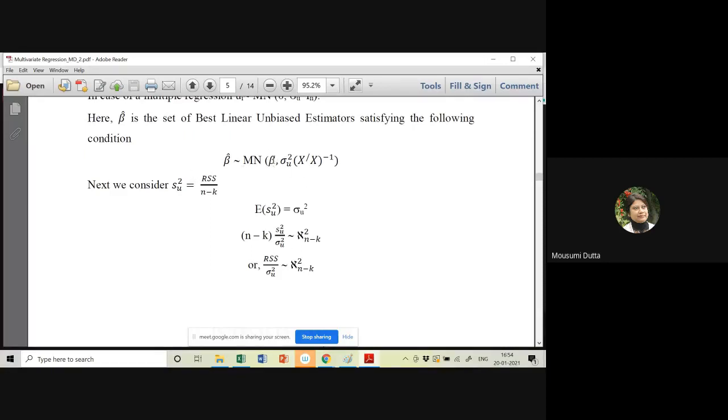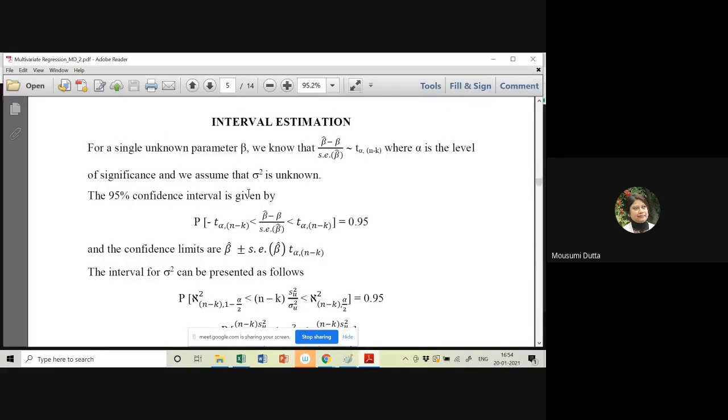Instead of a single beta in place of expectation, we get a vector. And instead of a single element, sigma u square divided by summation xi square, here we get a matrix, sigma u square (X prime X) inverse. So there will be no change in the proposition if we consider a multiple regression case.